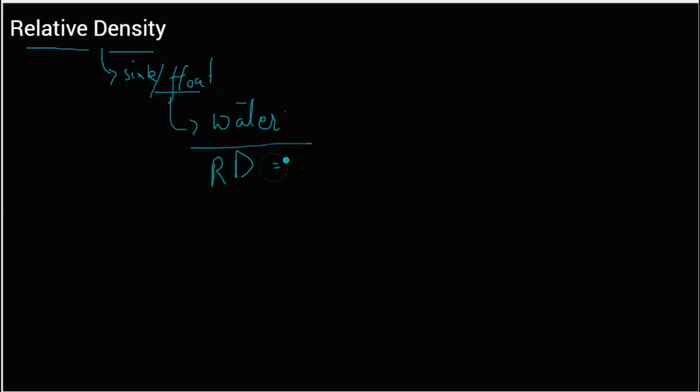Next, relative density. When we relate density with anything, it is the relative density. Basically we relate density because we want to know how a substance sinks or floats, or how it behaves, basically with respect to water. So relative density is the density of an object, or the density that you want, upon the density of water, and you get your relative density.